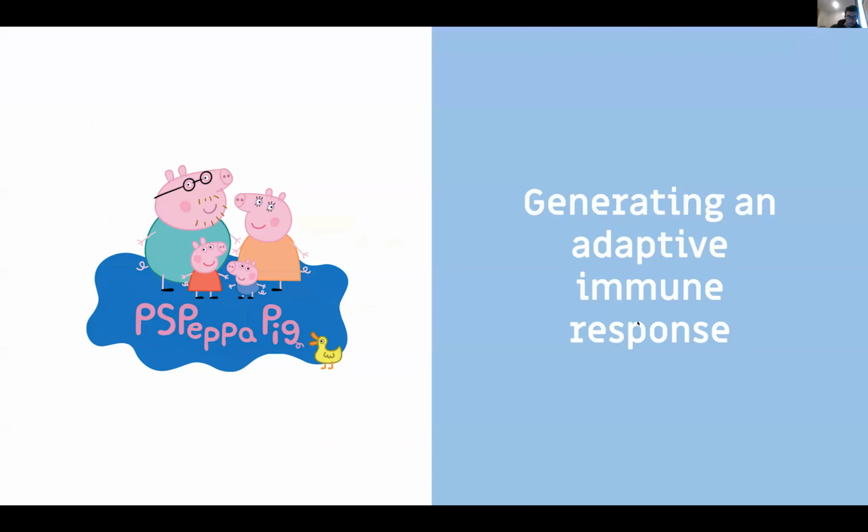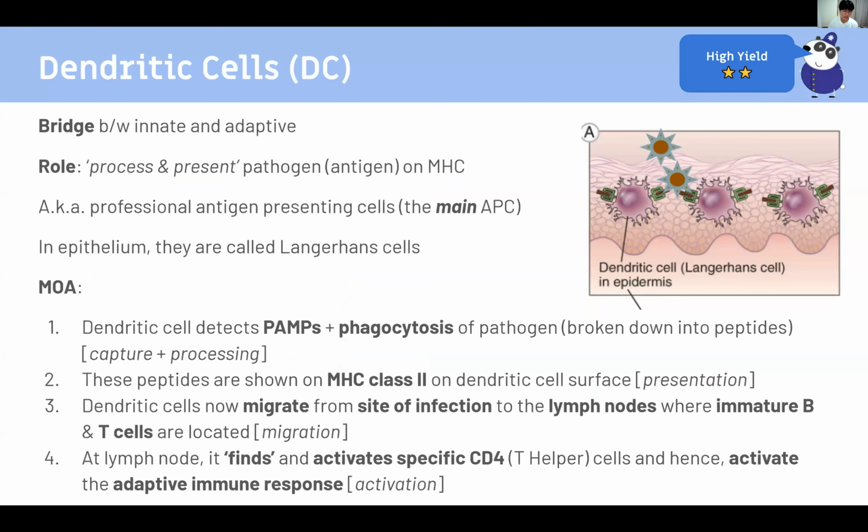Okay, so that is all you really need to know about innate immunity. Now we want to go into the adaptive immune response. Only half of it, because the other half we covered in the third lecture. So dendritic cells are the bridge between innate and adaptive.